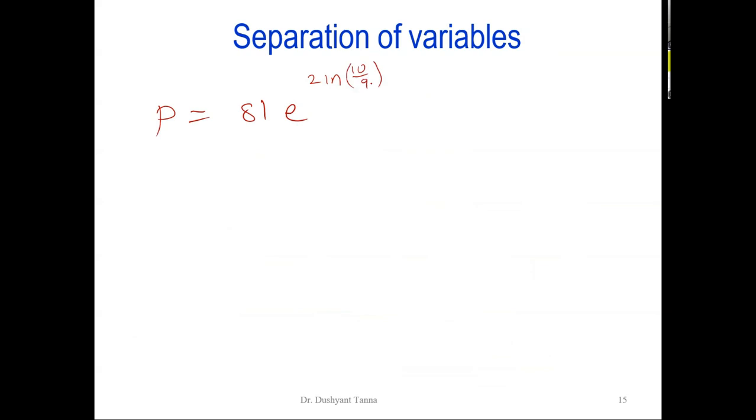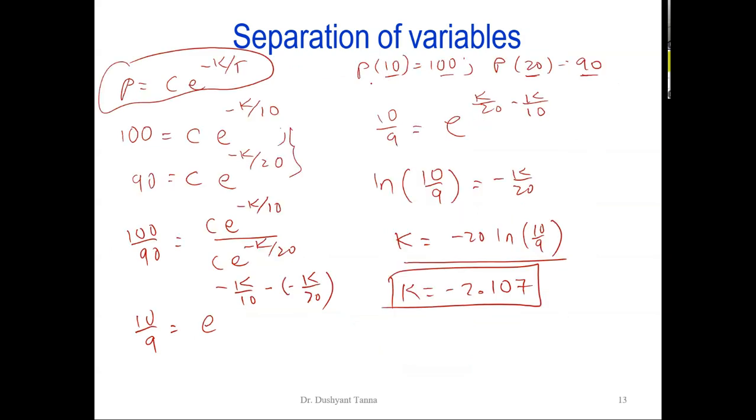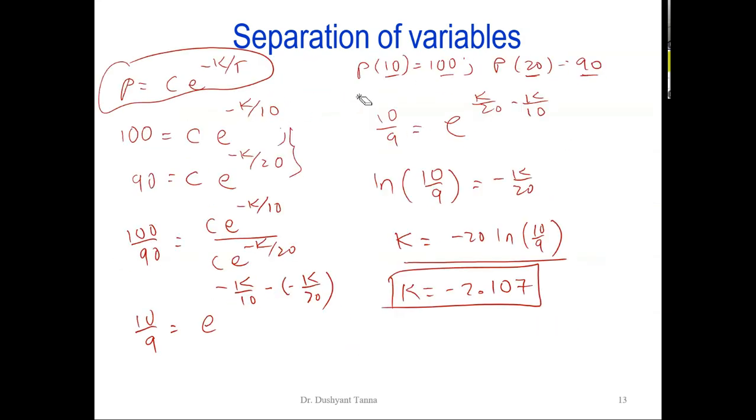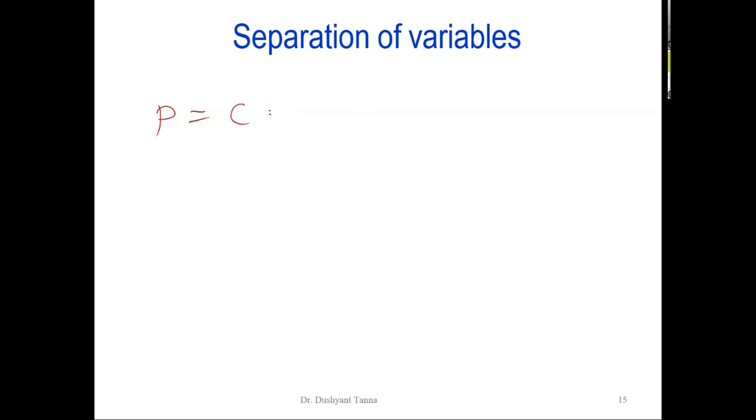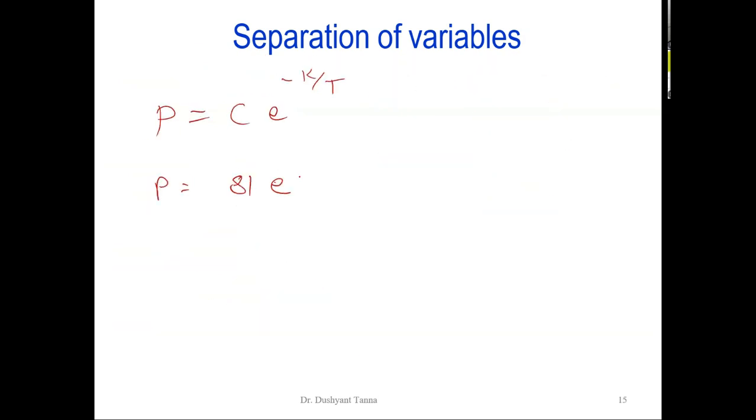No, something is missing. K over T, sorry. Where's my T? Okay. Sorry, I'll write the equation again: C e raised to minus K over T. And then I'll plug in the values. So that's my general solution. This is 81 e raised to K, which is minus 20 ln.